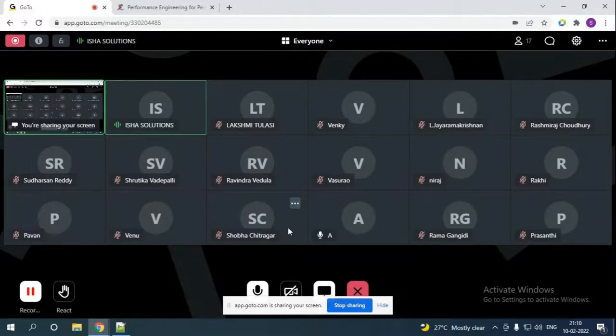But if I ask a little beyond that, like what does thread mean, what does heap mean, what does stack mean, sometimes you will not be in a position to answer. So we are trying to fill that gap, boost your knowledge in that sector as well, so that when somebody asks you anything, you will be in a position to answer those questions.